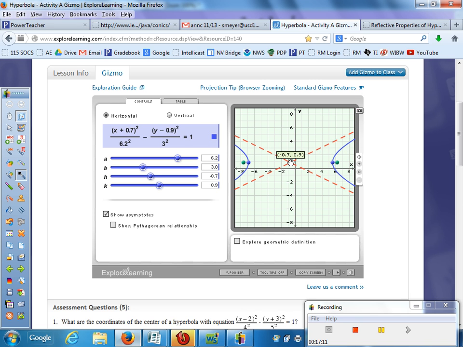Now, what you're going to need to know when you go to graph it, watch those asymptotes. Here I had A really big, which is really pushing it out. As I make A smaller, in fact, now I'm to the point A is smaller than B, the slopes of the asymptotes are changing.